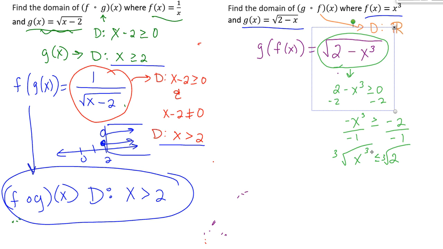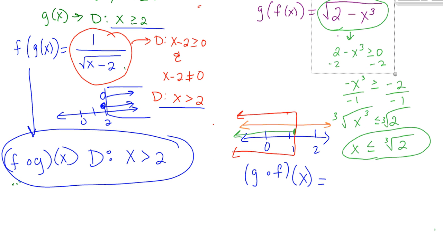Now because it's a cube root, there's not going to be any plus or minus or any worry about anything like that. Okay, saving a little bit of time here. There's my number line. Green one goes from about 1.25 to negative infinity because x is less than that. The orange, so the domain is going to be that.